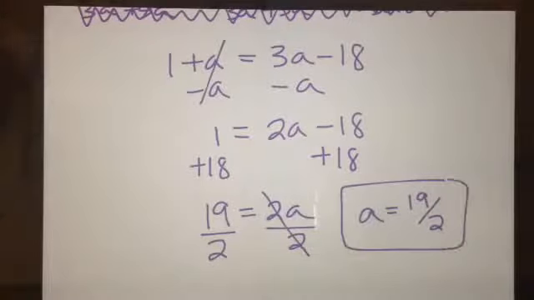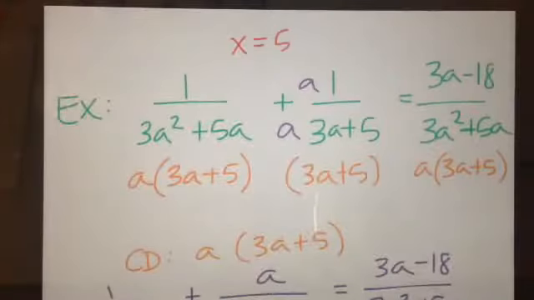Just like we've been doing with equations in the past, we always want to check our answer. Specifically in these problems, we want to make sure that our answer is not extraneous. Extraneous answers would come in when you make the denominator of the fraction equal 0. So we're going to go back up to the original problem, that's the green part, and type that into our calculators and check the intersection to make sure that 19 halves was actually a good answer.